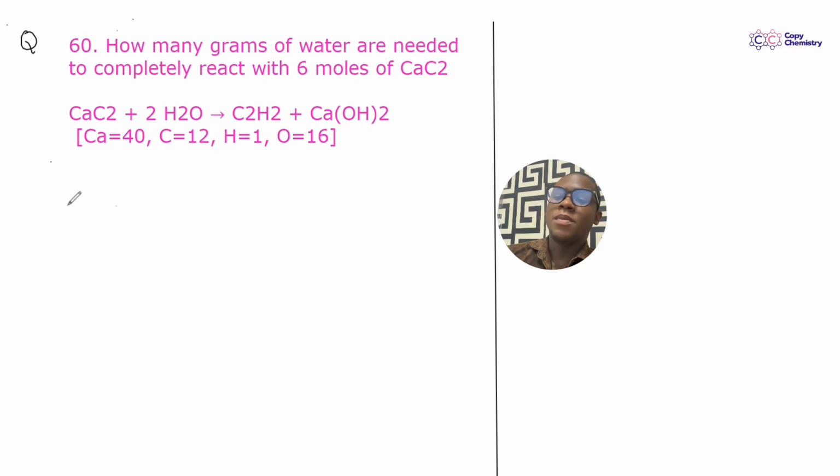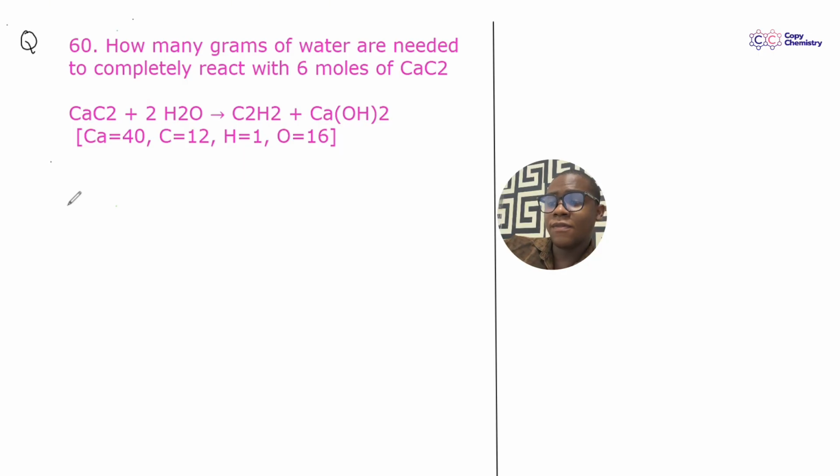Or maybe I may not do that. I may not want to be like, if it were how many moles of water? Yes, that would be like a verbal assessment kind of stuff. Because you can basically see it, right? This is your balanced equation there. Calcium carbide, 1 mole, reacts with 2 moles of water for the reaction to go into completion.